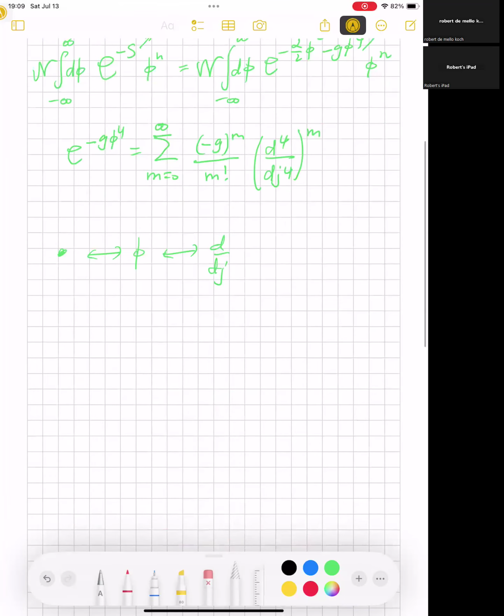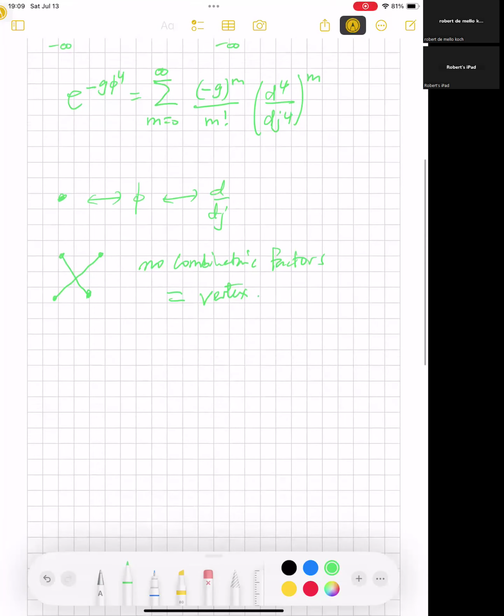If we were to study this diagram, this particular diagram has got no combinatoric factors. And that means it must be equal to the vertex. Whatever the rule for the vertex is, it must be coming from this diagram. And the way to see what we get, well, here we have 4 dots, and then we have our vertex.